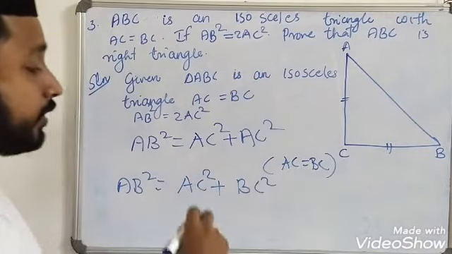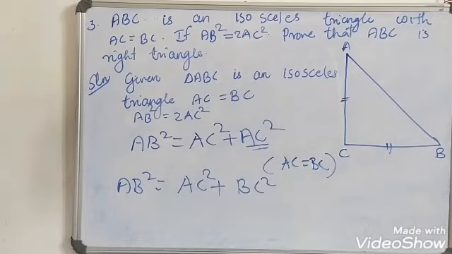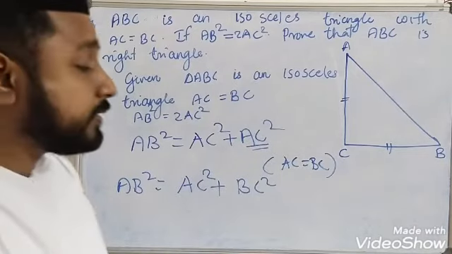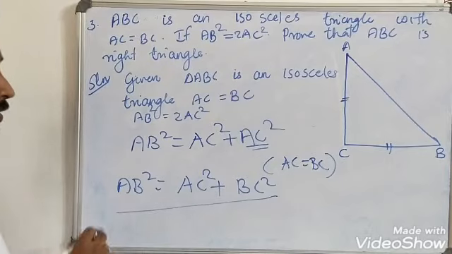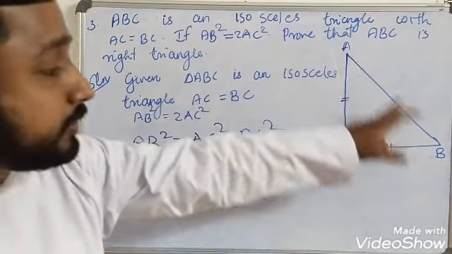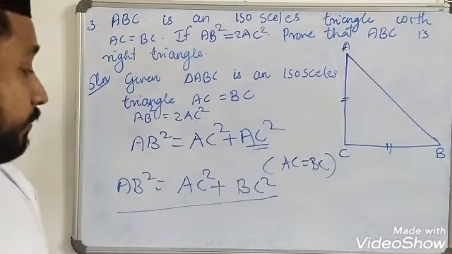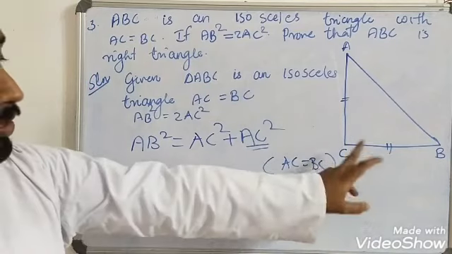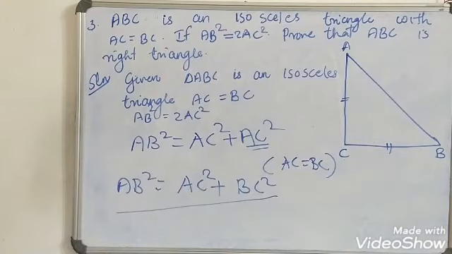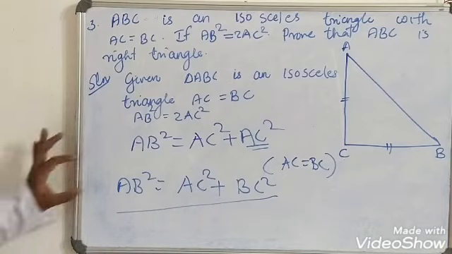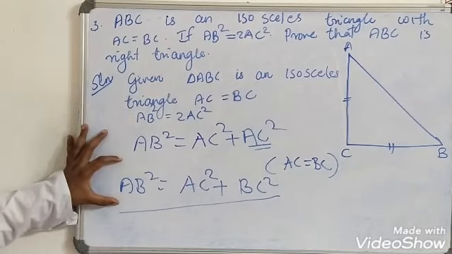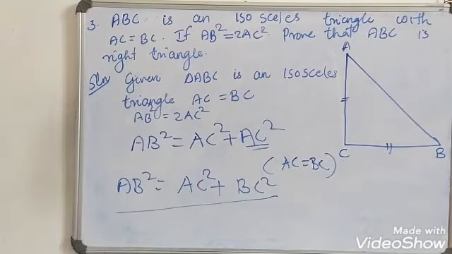AC is equal to BC, so for one AC, I gave BC. So we have this condition: AB square is equal to AC square plus BC square. We have to prove that ABC is a right triangle.